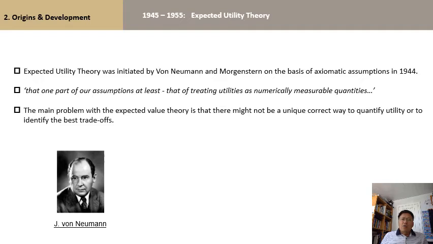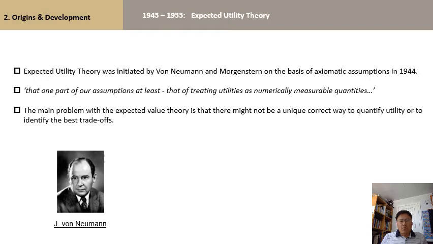Later on, around the Second World War, John von Neumann and Morgenstern founded expected utility theory. They tried to set up axiomatic assumptions, and one part of the assumptions is treating utilities as numerically measurable quantities.